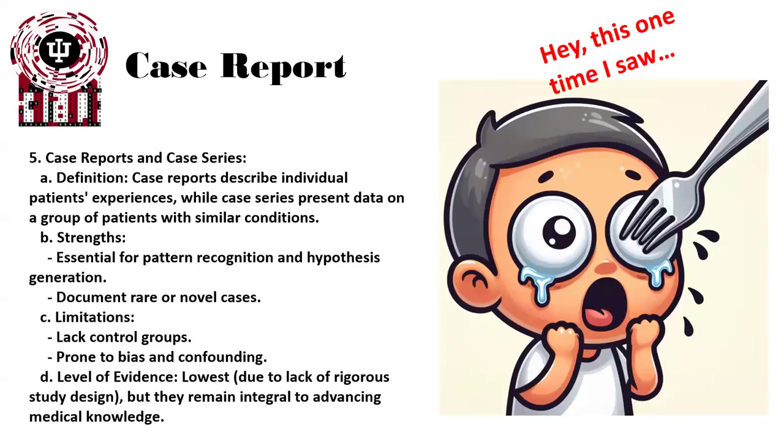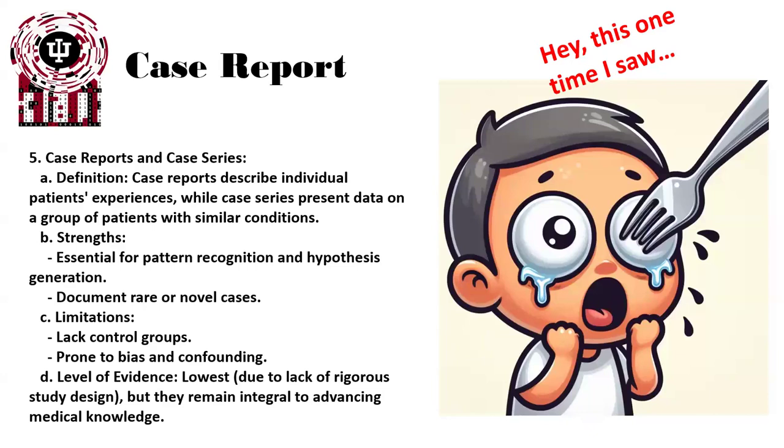Case reports describe individual patients' experiences, while case series present data on a group of patients with similar conditions. It's mostly when a doctor sits around and says, hey, this one time I saw blank. Its strengths are that it's essential for pattern recognition and hypothesis generation, and it's good for documenting very rare or novel cases.